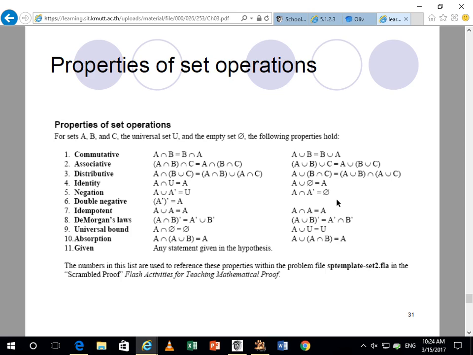Distributive A intersect, we have two things here. So A intersect B, union A intersect A prime. So that's what we have: A intersect B, union A intersect A prime. So what's next?